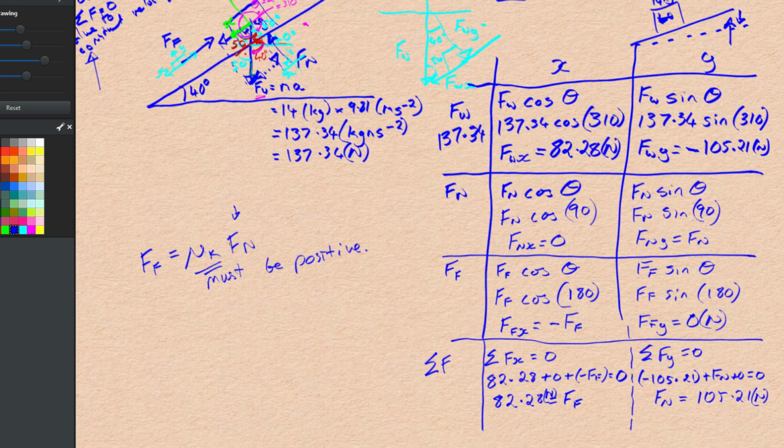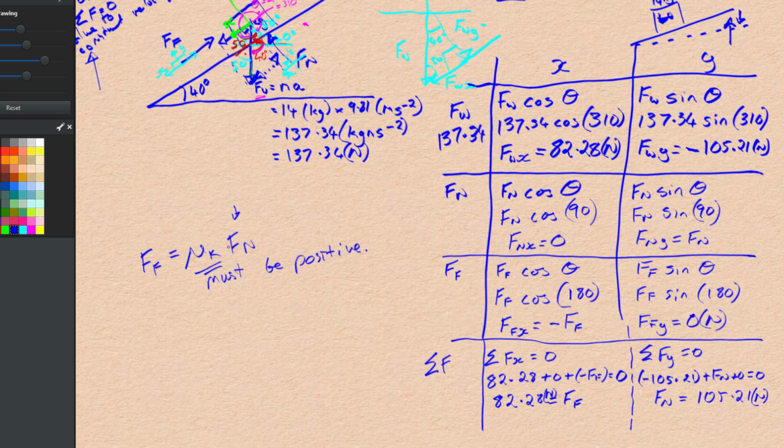And so you know this must be positive. There might be an error in either Fn or Ff, the way you calculated it. Double check your vector diagram and your calculations, but if you can't spot it, just say this must be positive, therefore I'm ignoring the sign on Fn and Ff to make sure that this is a positive number.